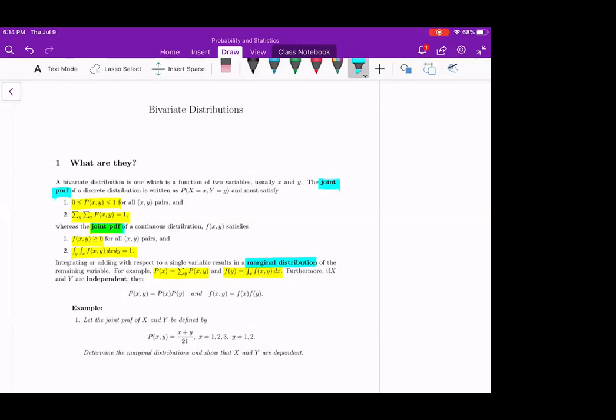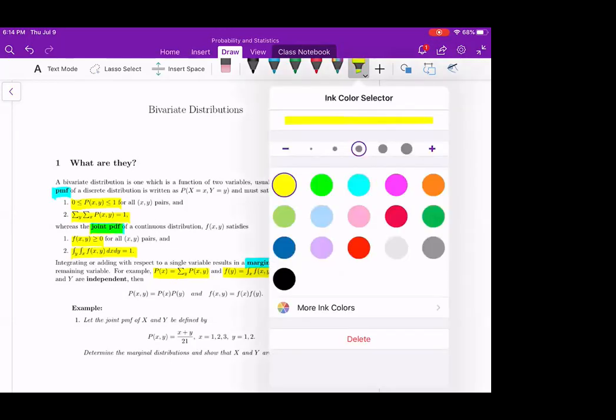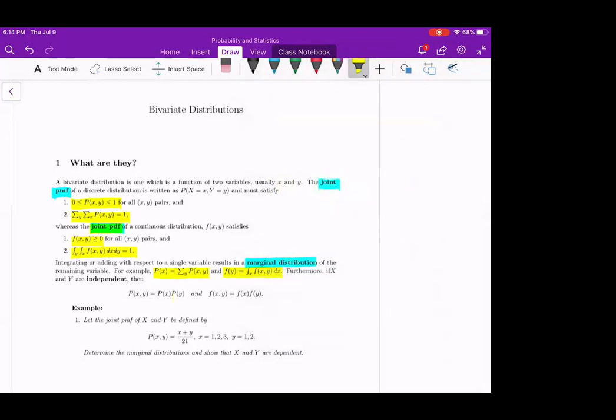If X and Y happen to be independent, it's a really neat property because then you have the multiplication rule. And this is true whether it is discrete or continuous. If you have independence for discrete distributions, then the joint distribution is equal to the product of the marginals.